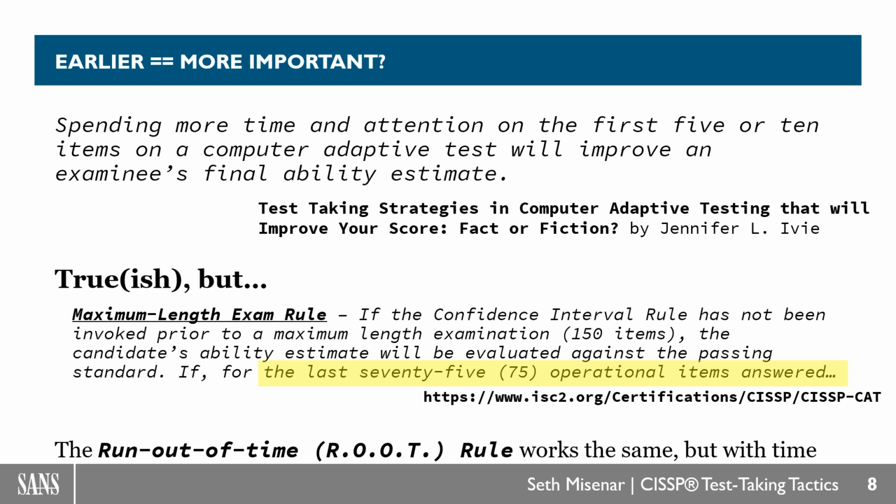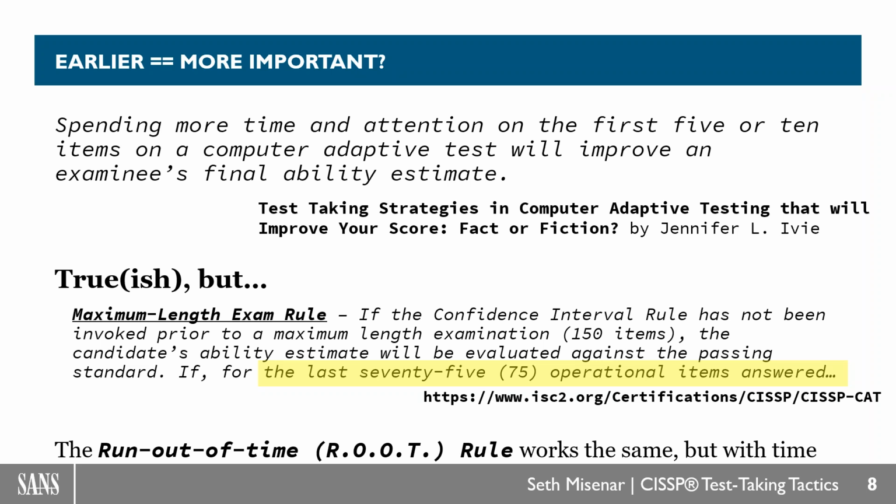Now, that paper was not about the CISSP-CAT, the CISSP computer adaptive testing. It was about computer adaptive testing in general. There are some tweaks and nuances to the CISSP that change this. We mentioned that confidence interval rule, right? That's the main way that people pass or fail. The exam engine can figure you out and decides, oh yeah, you have passed, or you have failed.